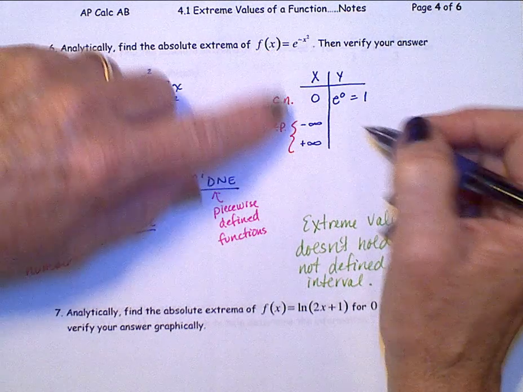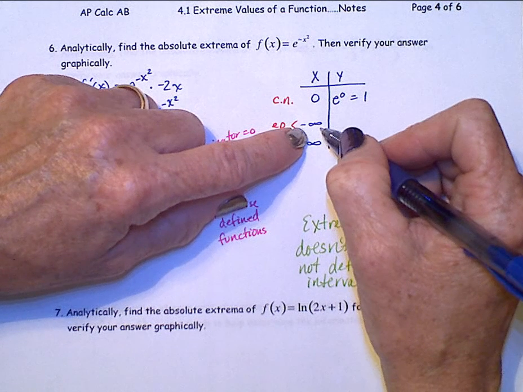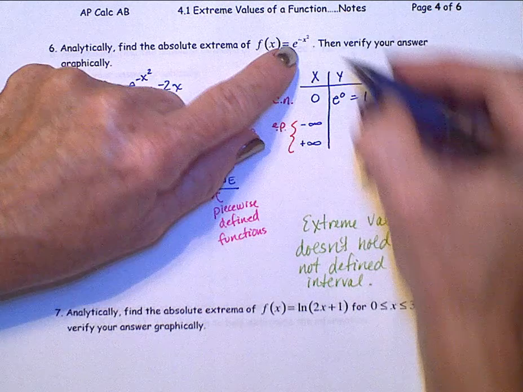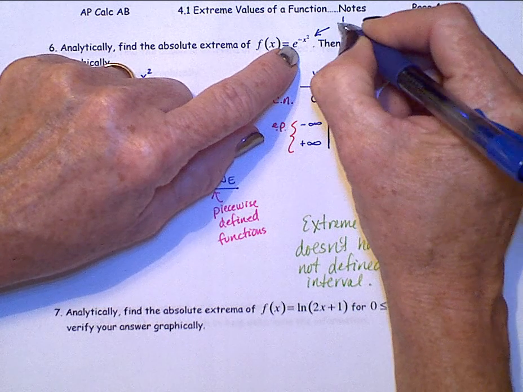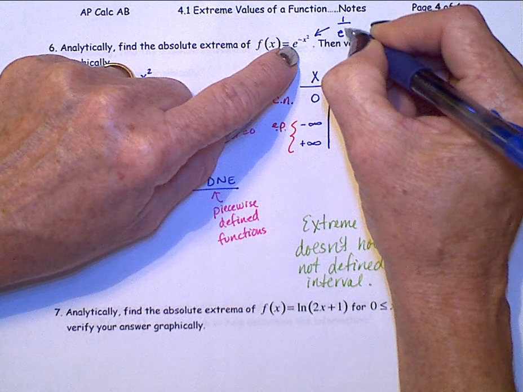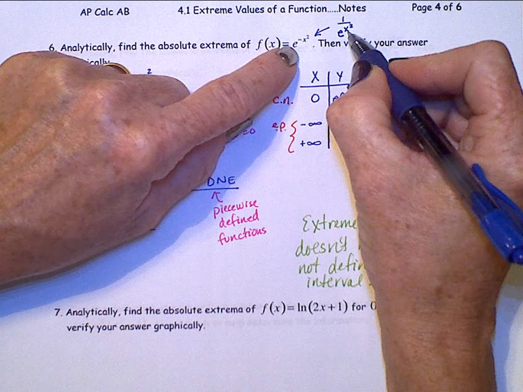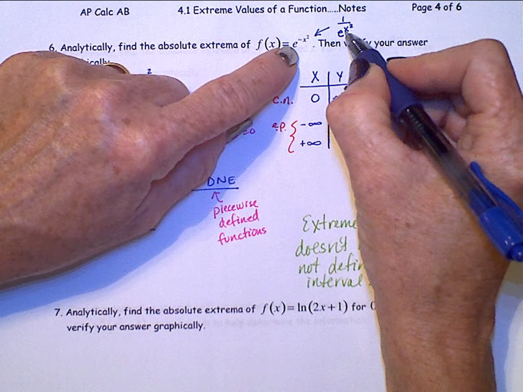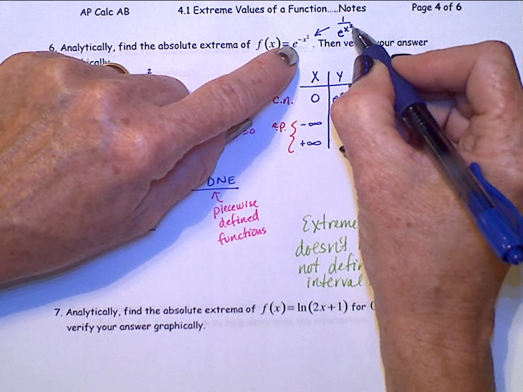All right, now let's put in a very large negative number. Think about this. This is 1 over e to the x squared. Large negative number in here, squared, turns large positive. Then we have 1 over e to a very large number.